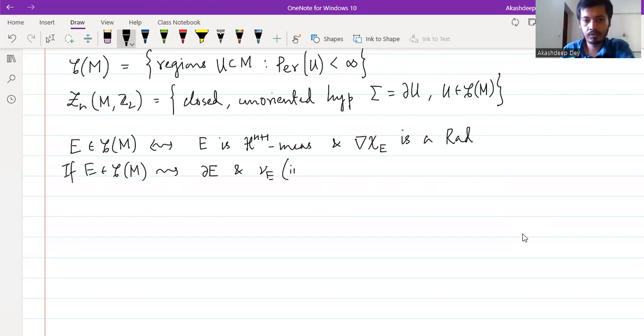This is the inward pointing unit normal on the boundary. We can talk about the boundary of E and nu_E in a measure theoretic sense. And this boundary of E will not be C1, but it is n-rectifiable.